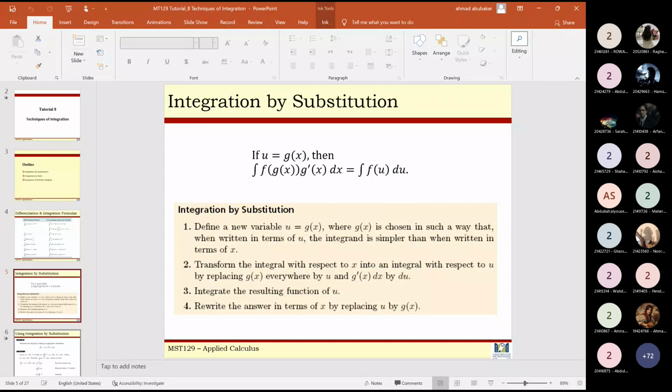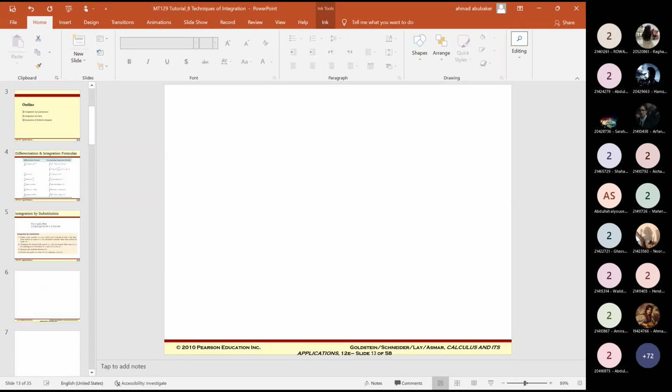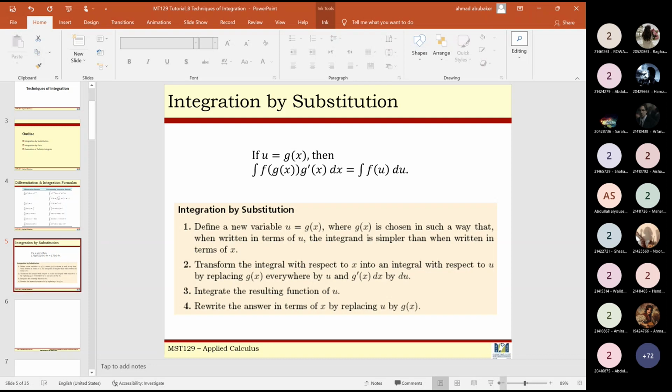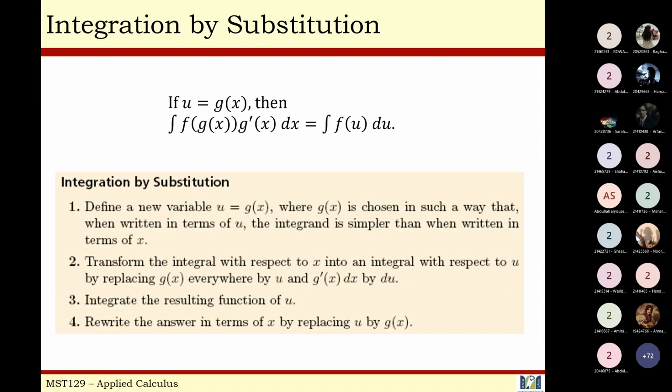If we have an integral like this one, the integral of f of g of x, with g prime of x outside of the function f, how can we use a technique of integration to find the integral?